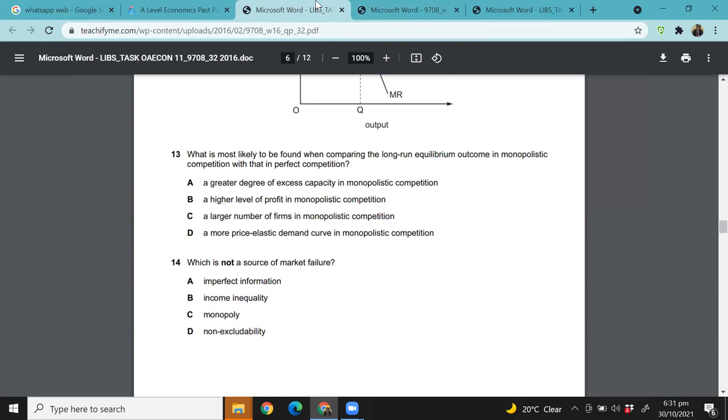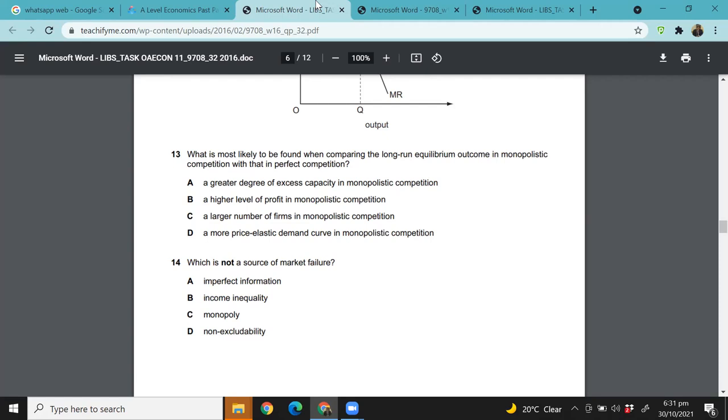Think about this. Non-excludable products are public goods, right? From whom you can't exclude people. So we do know that the private sector will never produce public goods because it's not profitable to produce those products, and that is the cause of market failure. Are you getting me?